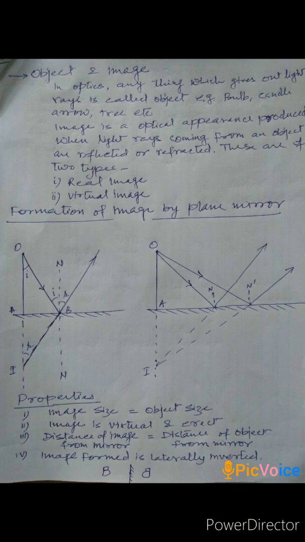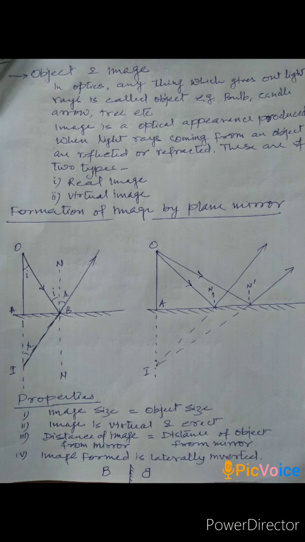The formation of image by a plane mirror. Here two diagrams are shown in which the image is formed by a plane mirror. From these two diagrams, it is clear that the image formed will be at the same distance behind the mirror as the object is placed in front of the mirror.